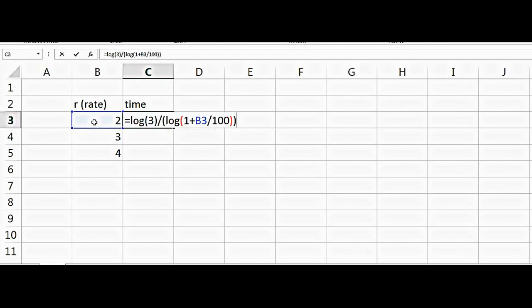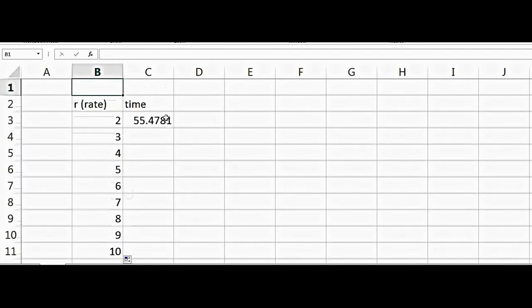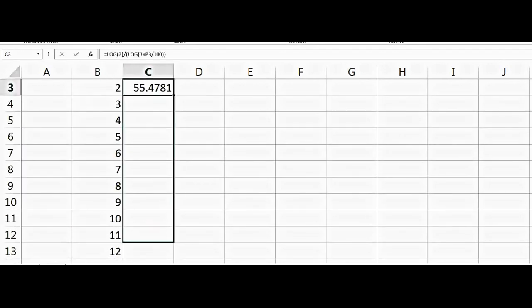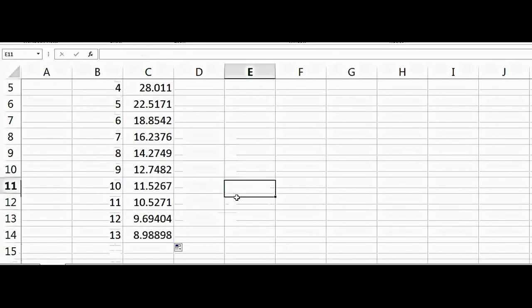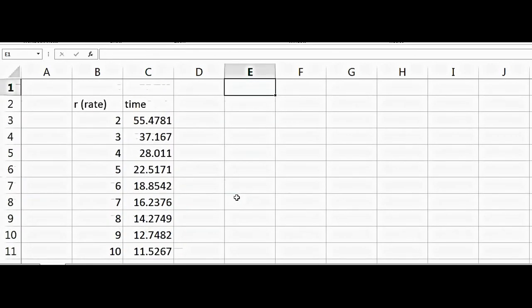So this should be our time. Now we can keep extending this rate to, suppose, 13%, and we can calculate the time for the investment to be three times for all these years. So that's how we get the time.